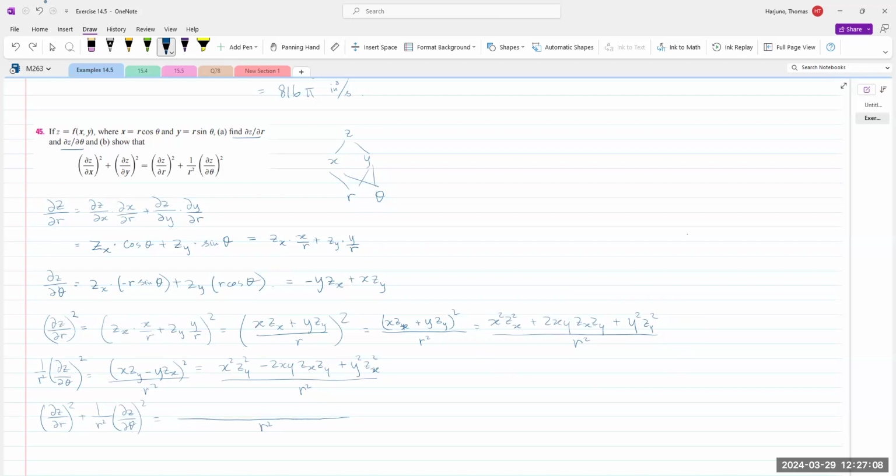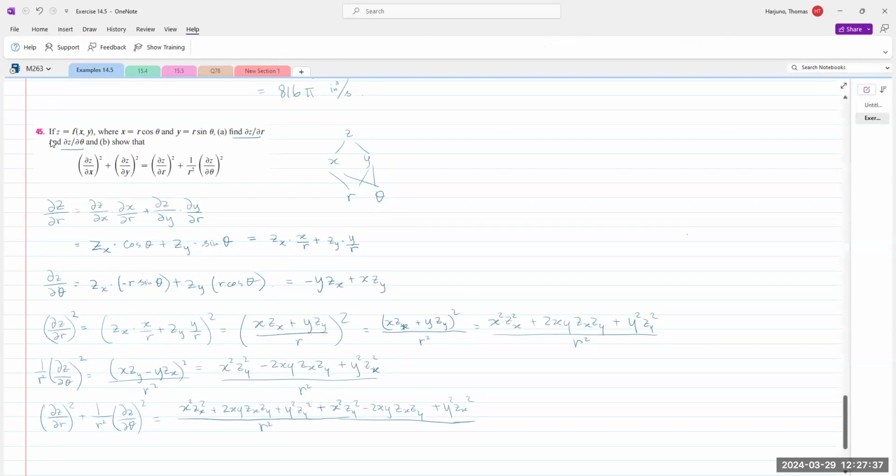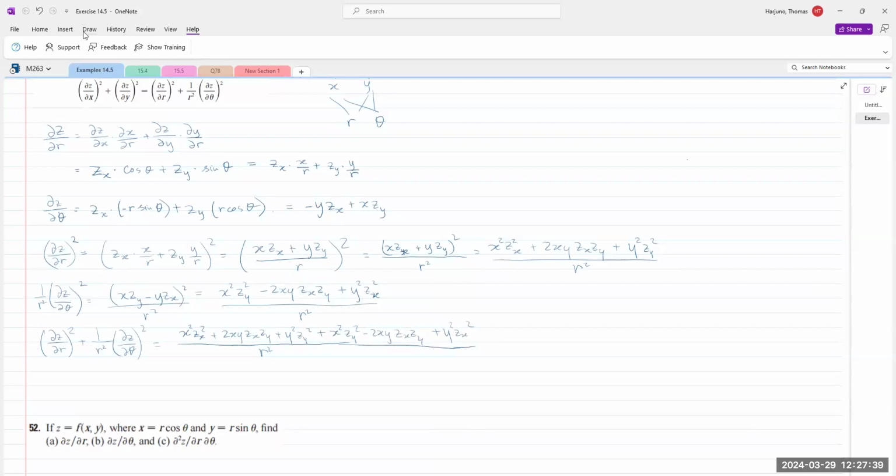Okay, so we get x squared c sub x squared plus 2xy c sub x c sub y plus y squared c sub y squared plus x squared c sub y squared minus 2xy c sub x c sub y plus y squared c sub x squared. Now notice that we have two terms cancel in the middle, right?